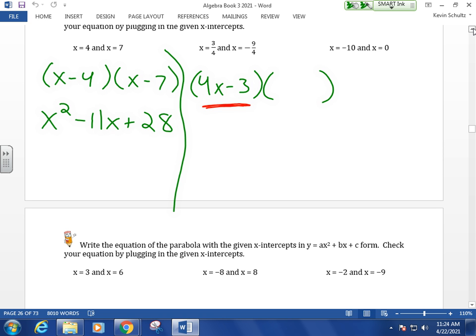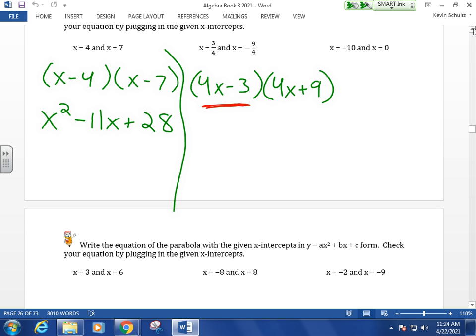So if our x-intercept is -9/4, the original expression would have been, Noah? For the second one? Yes. Oh, 4x plus 9.